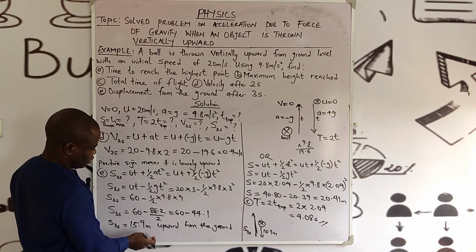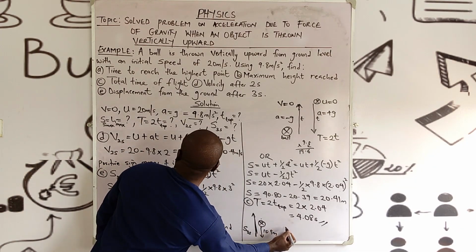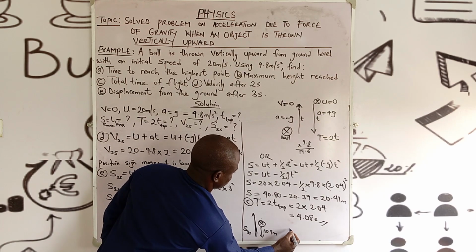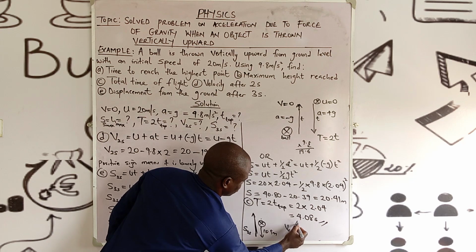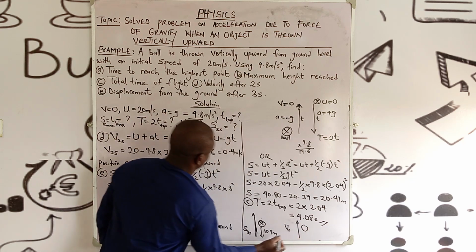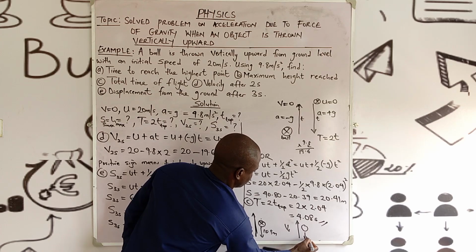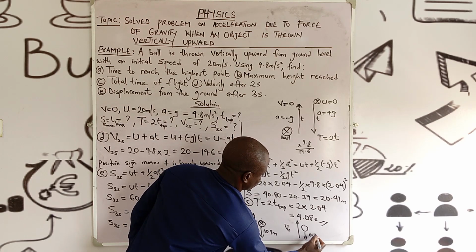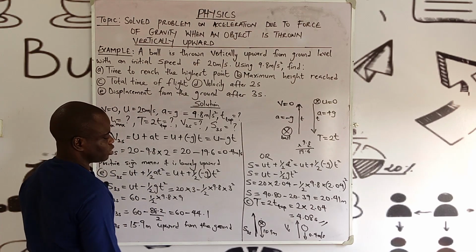But for this, you can see the velocity after 2 seconds is positive. That's 0.4 meter per second. It's positive.